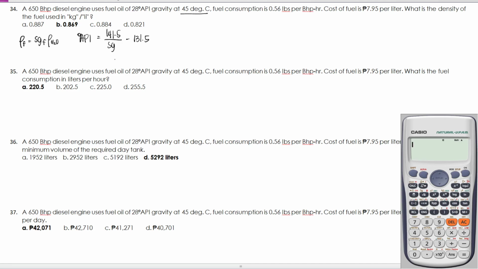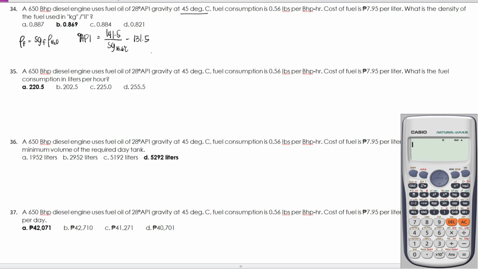But take note na yung SG na to na makukuha natin using degree API is based on the standard temperature of a diesel fuel which is at 15.6 degrees Celsius or at 60 degree Fahrenheit. Alright? So, ibig sabihin na lang, yung makukuha natin ditong SG is at a different temperature pa. So, kailangan natin siyang i-correct pa base dun sa specific na temperature na 45 degrees Celsius.